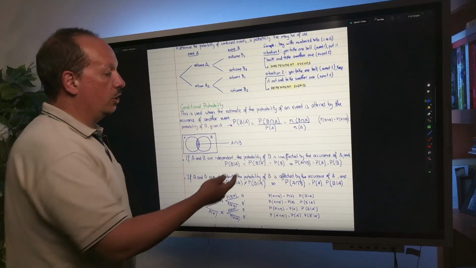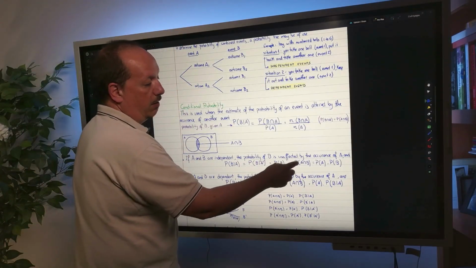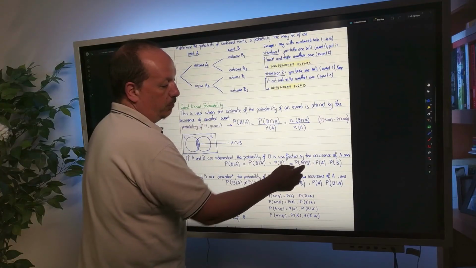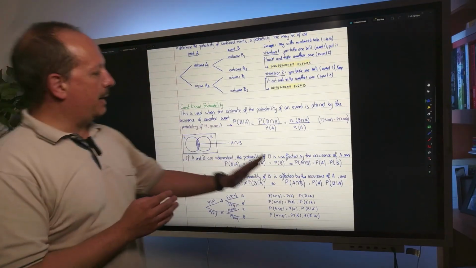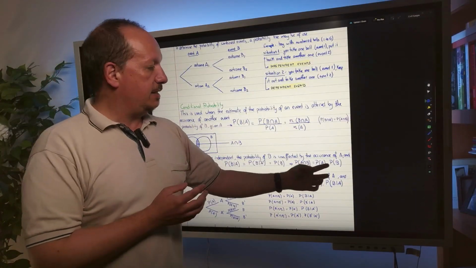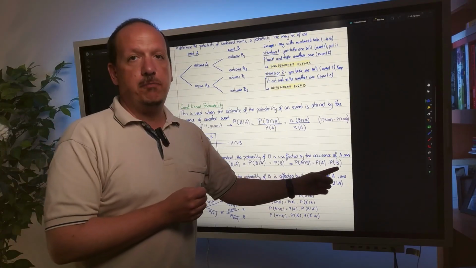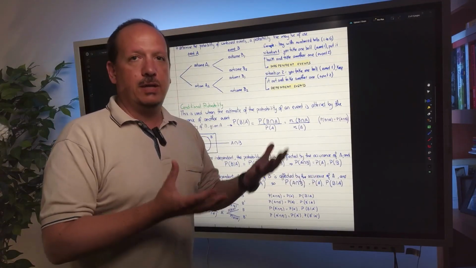So this means that the probability of the intersection of A with B, the combined event of A and B together, is just the multiplication of the probability of A and the probability of B, whatever it is to begin with.